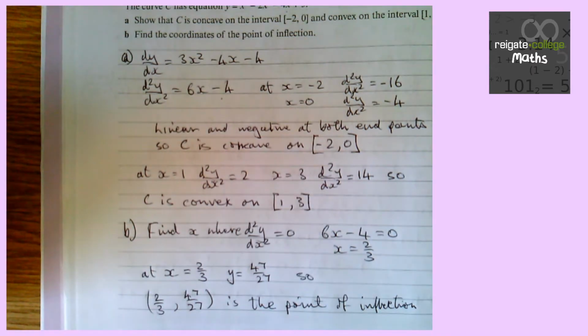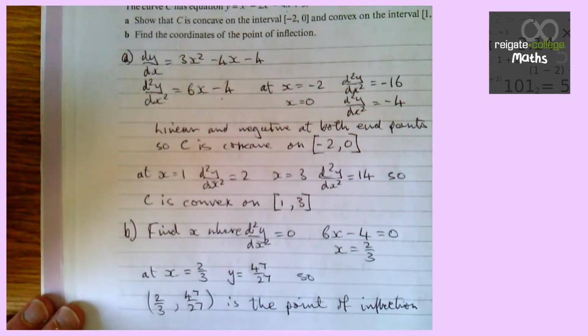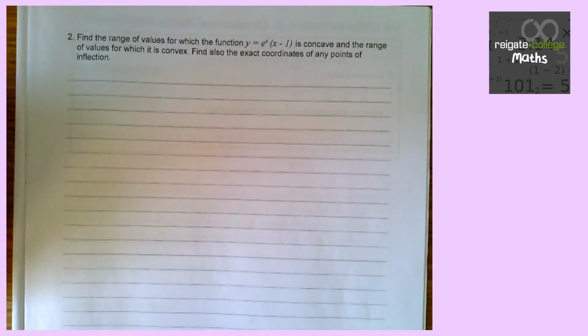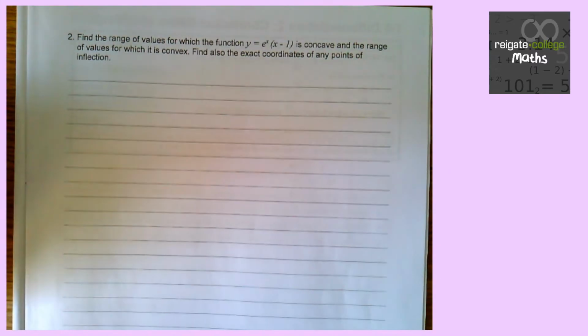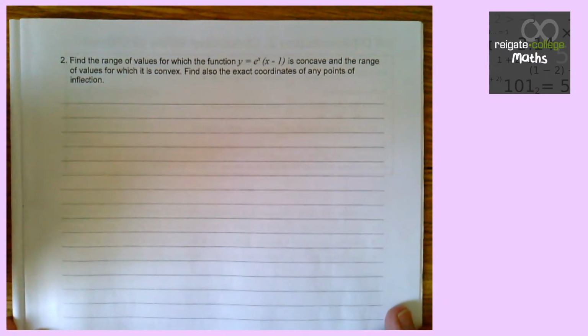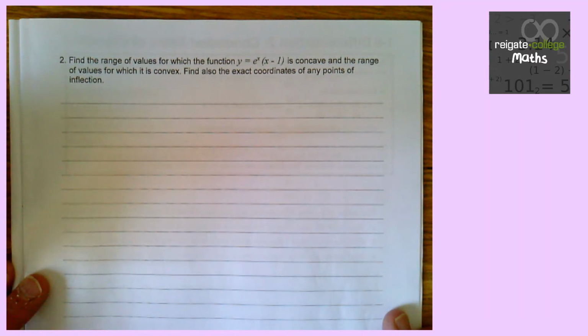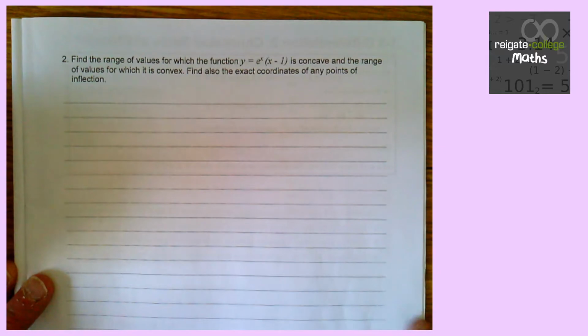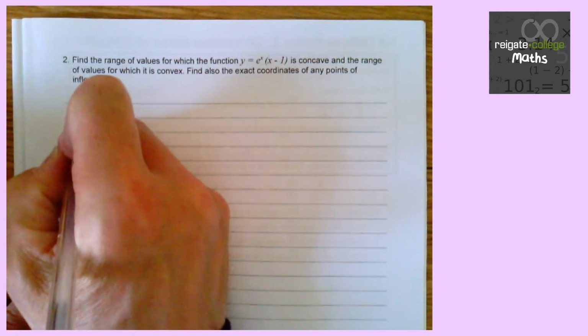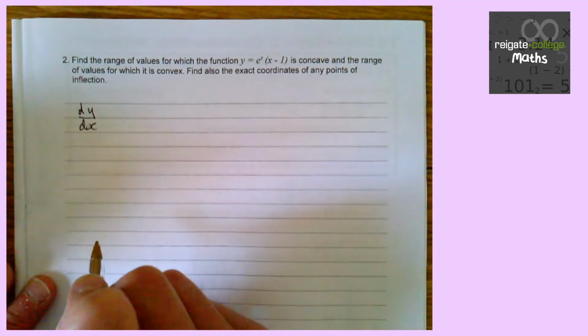So that's our first question. Let's now have a look at the second question. So I've got that here. Find the range of values for which the function y equals e to the x times x minus 1 is concave, and the range of values for which it's convex. So we need to find dy by dx first of all.